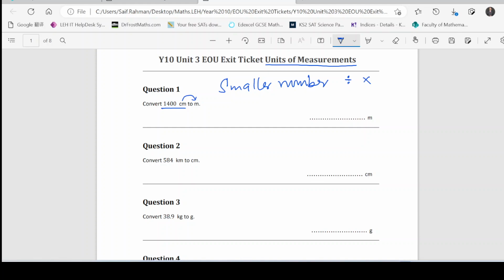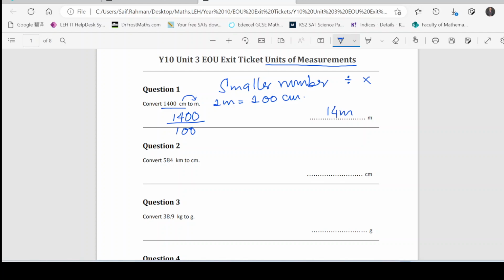You have to divide this 1400 with what? Now you have to know that in 1 meter there are 100 centimeters. So 1 meter is equal to 100 centimeters. Now you have to divide 1400 centimeter by 100, and your answer will be 14 meter.